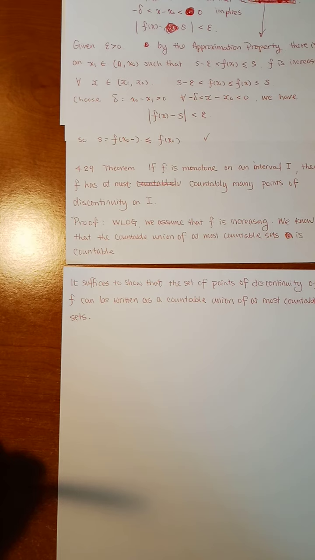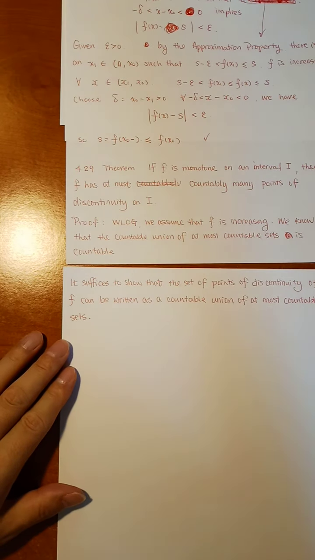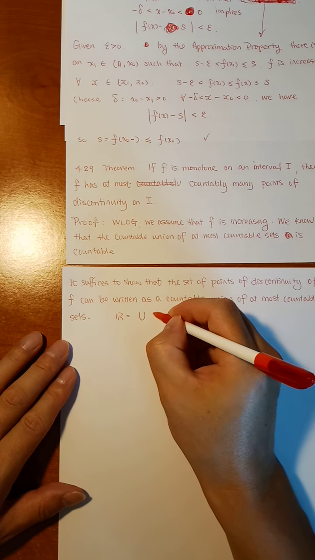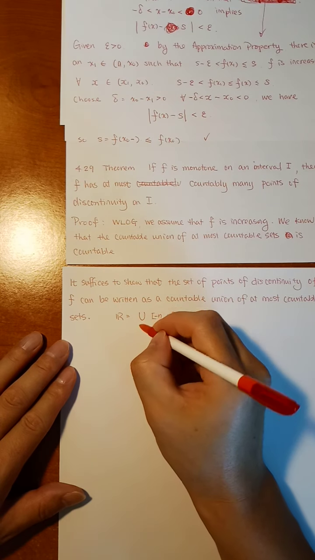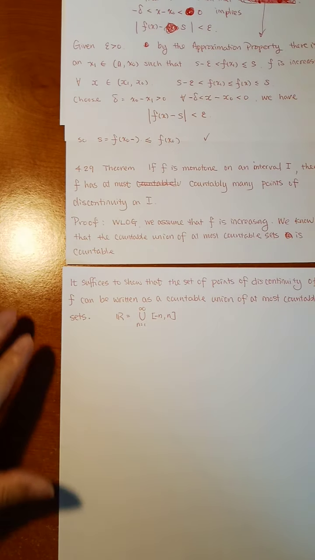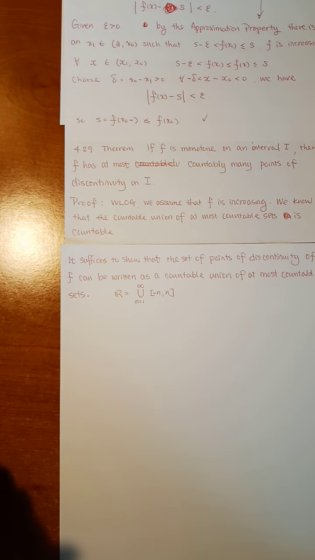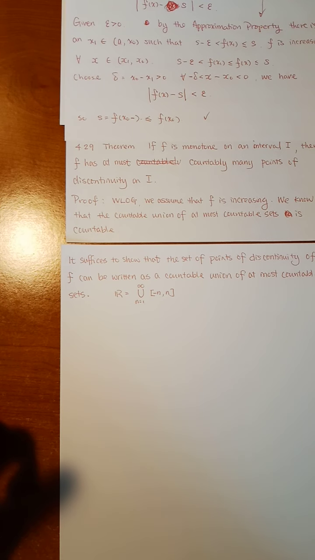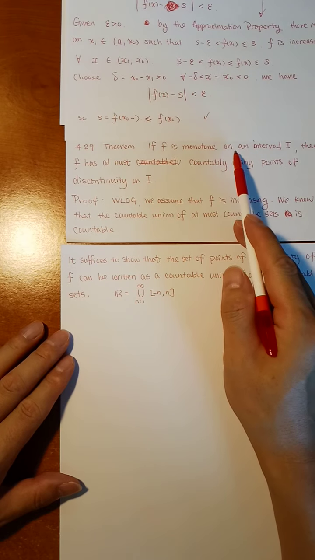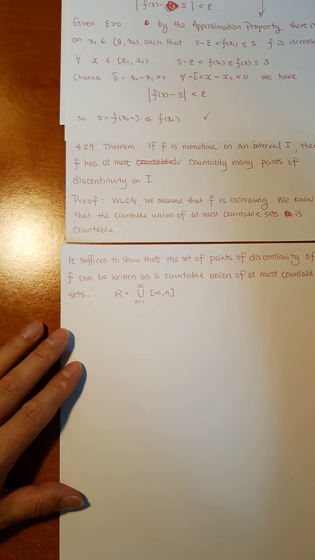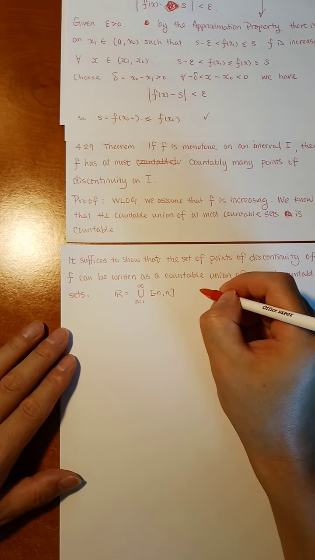Let's see. First we write R as the union of the intervals from negative n to positive n. This is a countable union. Regarding the hypothesis, we just say an interval I. We don't know if it's open or closed.